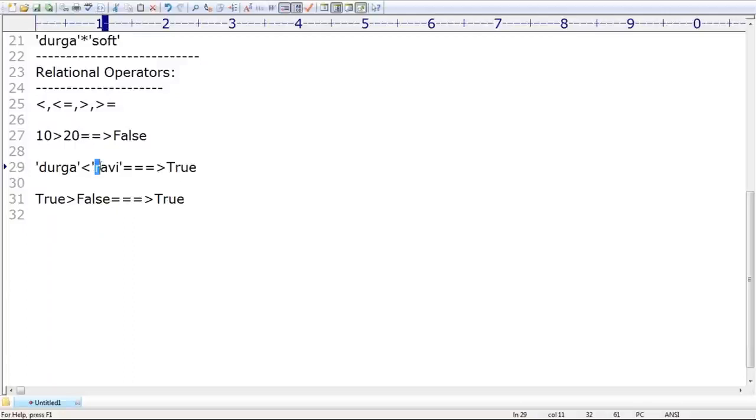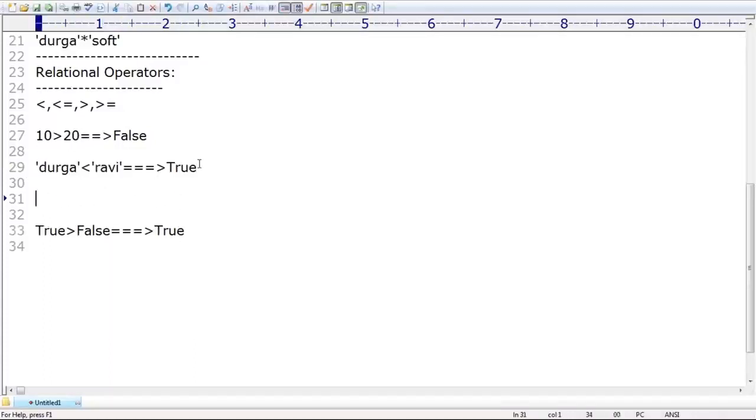R is bigger according to ASCII code. If the first character decides it, it never compares the second character and directly returns True. There is no special mathematics. Durga comes first, then Ravi according to alphabetical order. That's why Durga is less than Ravi.